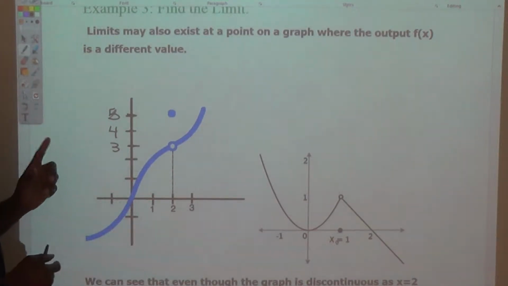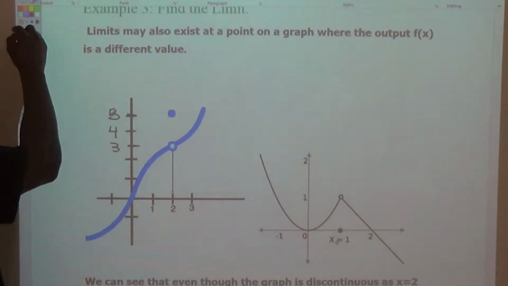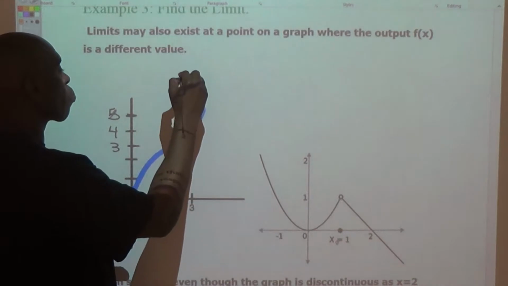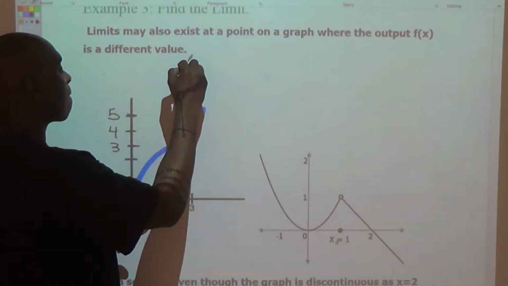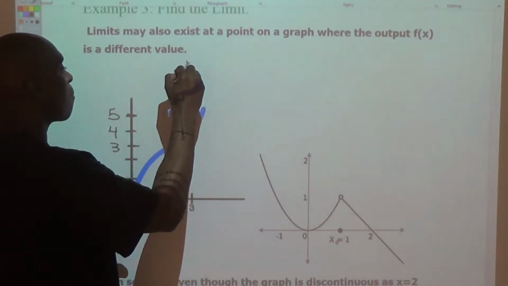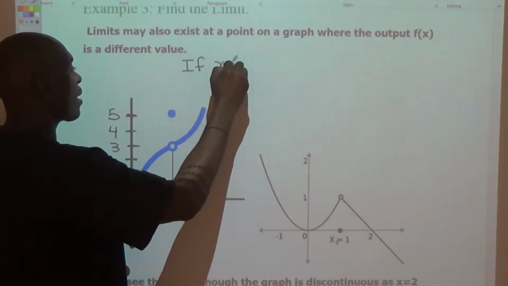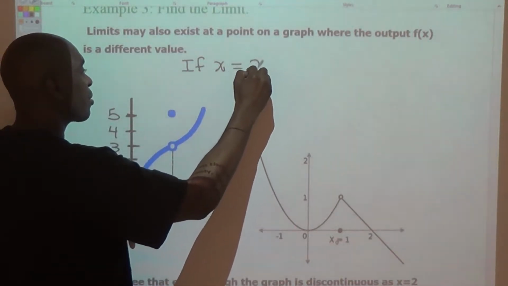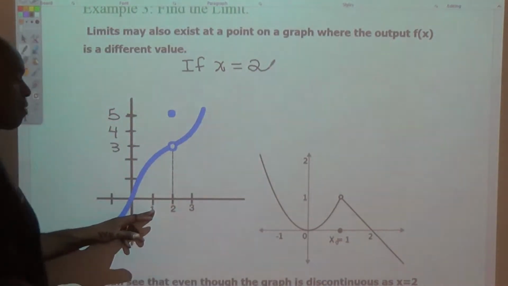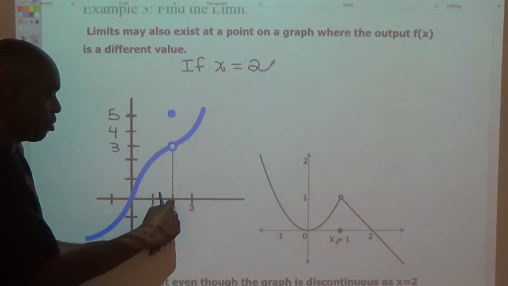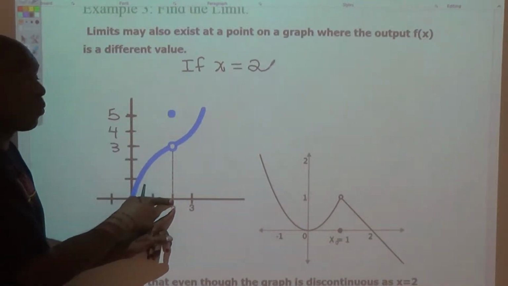Watch this. Look at this. When x equals 2, the x value here is 2. When x is 2, then what's y?